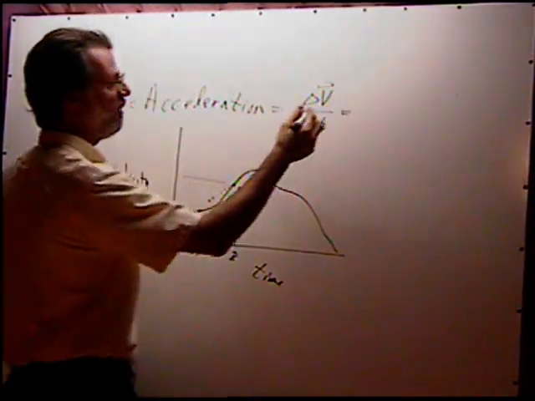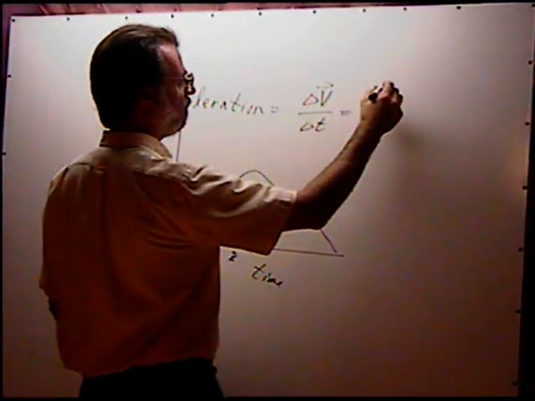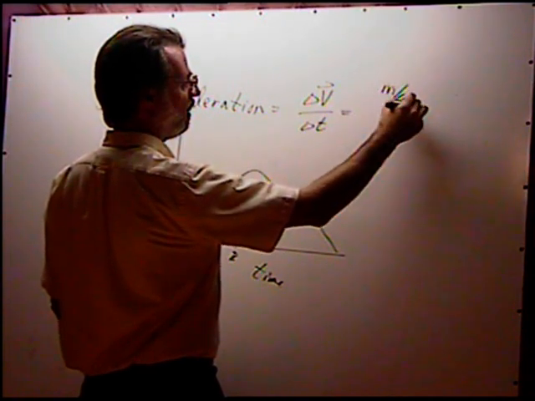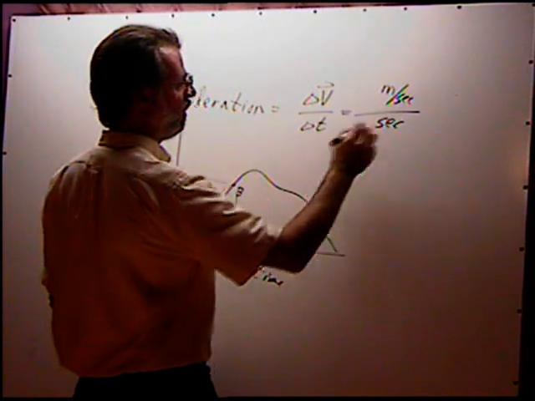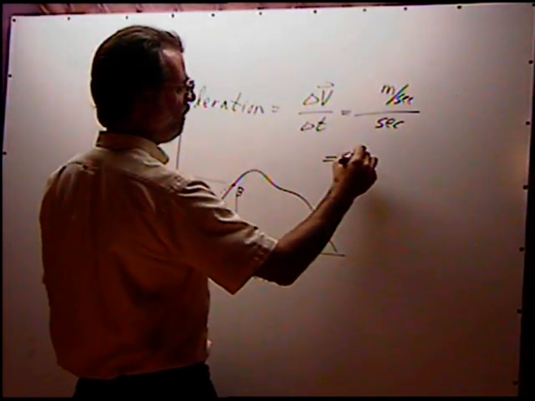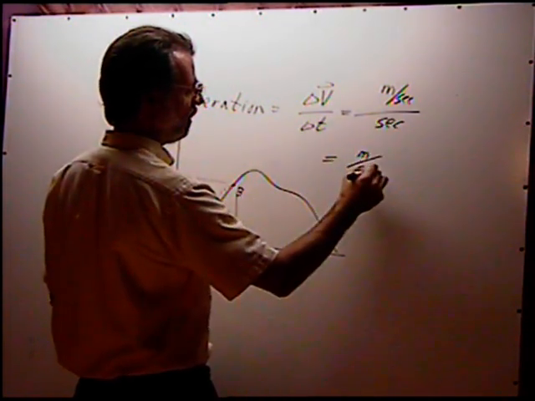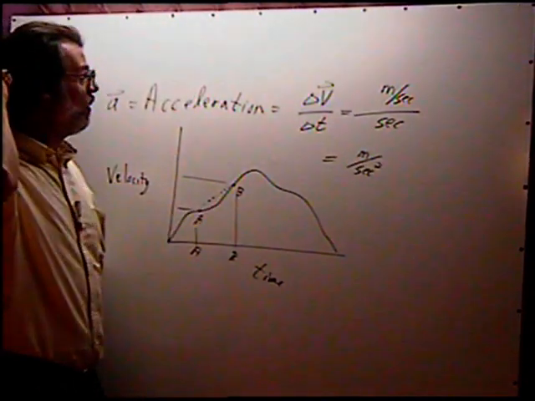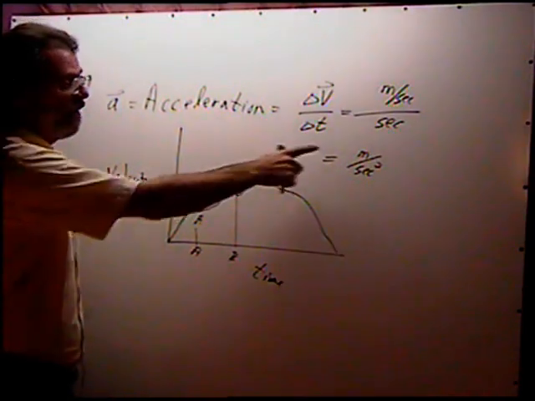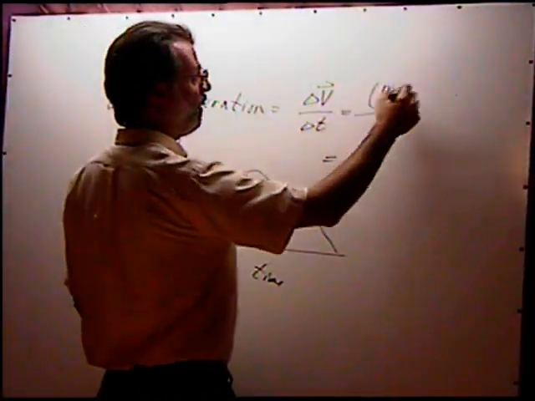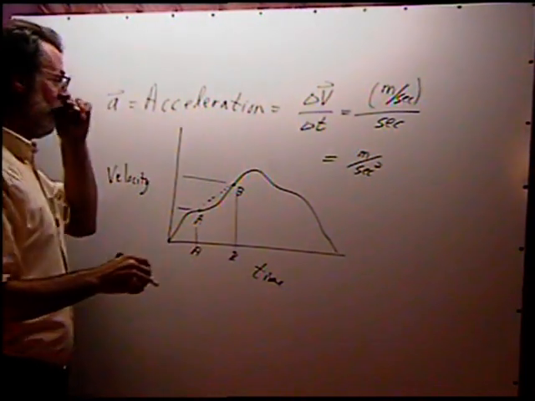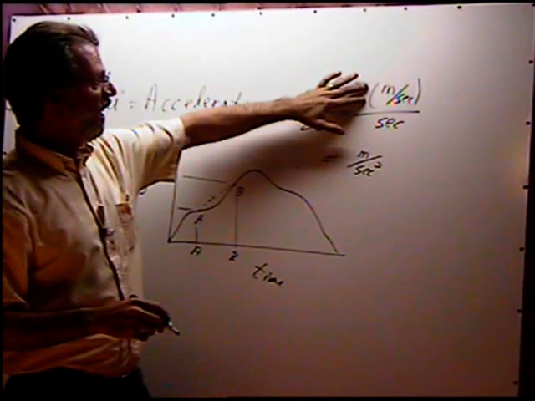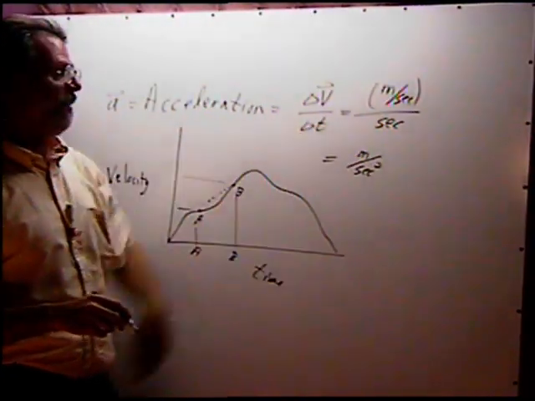Acceleration is going to have units. If velocity is in meters per second, a change in velocity has units of meters per second per second, so we have meters per second squared. The appropriate way to think about it is that when a car accelerates, we're changing velocity over a certain length of time.